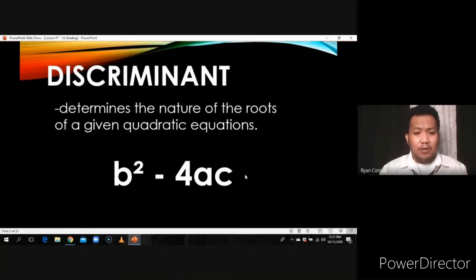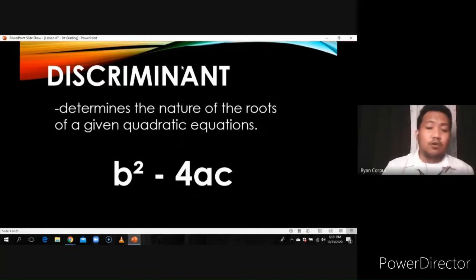But how are we going to do that? Since we have an expression involving a, b, and c, in a given quadratic equation we have a, b, and c, which are the numerical coefficients of the equation.